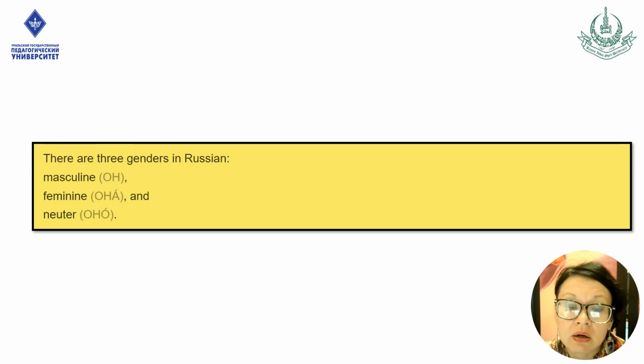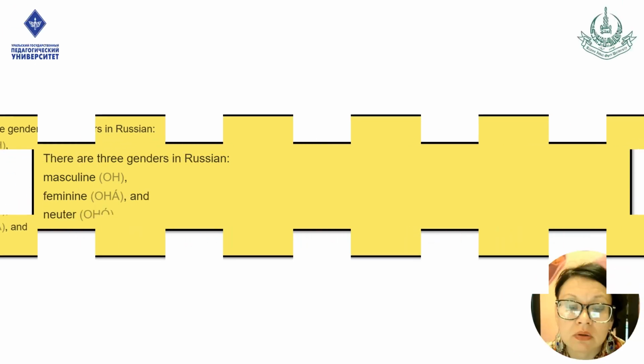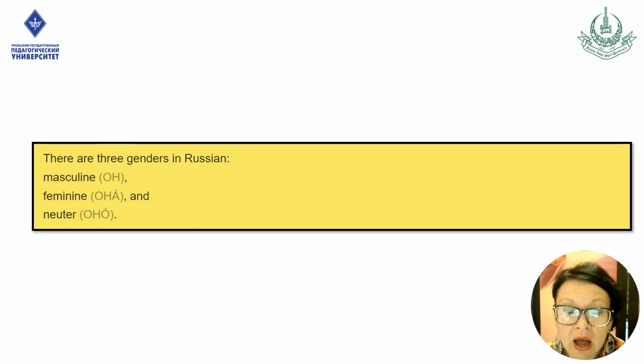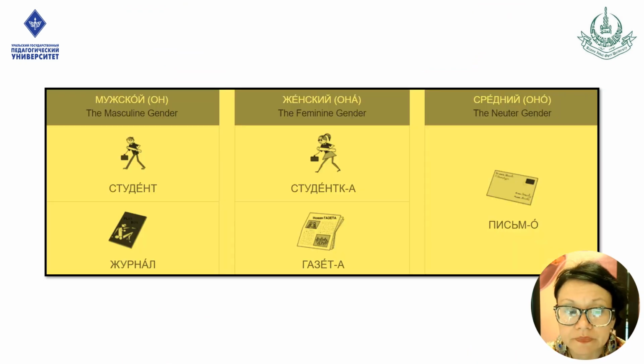So one gender per one noun. If a noun is masculine, it's always masculine. If a noun is feminine, it's always feminine. So there are three genders. Он is he, она is she, оно is it, right?